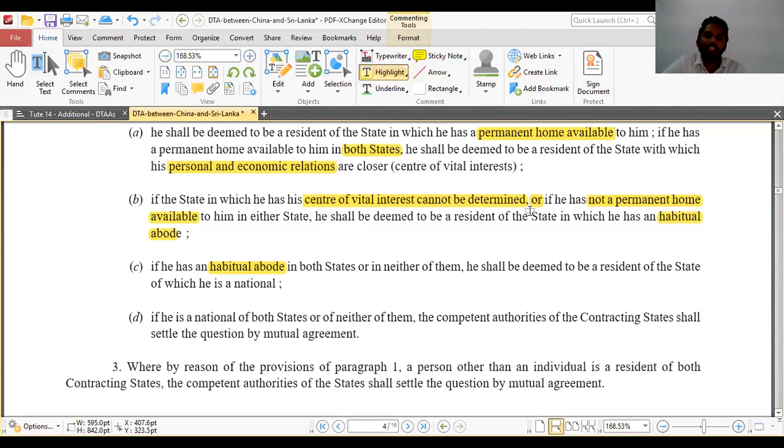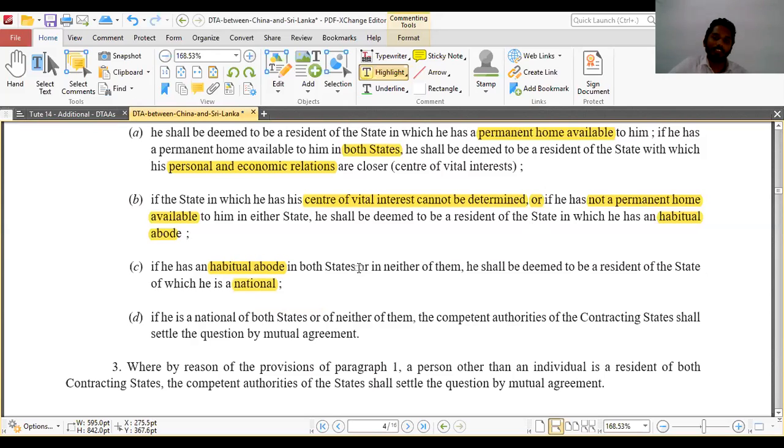In that case, if he has a habitual abode in both states, that is, he usually lives in China and Sri Lanka as well, we cannot determine exactly, or neither of them, even if they don't have one anywhere, then what you have to do is he shall be deemed to be a resident of the state of which he is a national, that is, the citizenship.